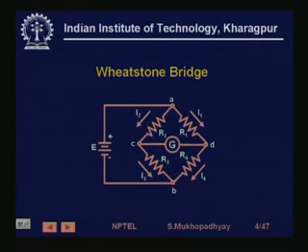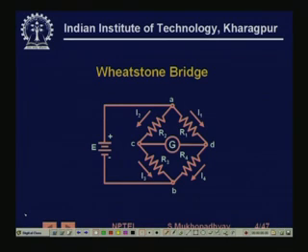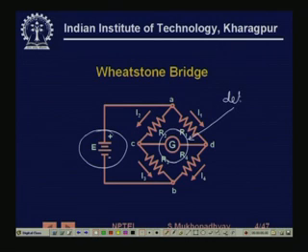The Wheatstone bridge structure, as we are seeing, in this case the bridge is drawn for 4 resistive elements. So this is the source, there are 4 resistances, and this is the so called detector. In an instrumentation setting, generally this bridge is operated in the unbalanced condition.